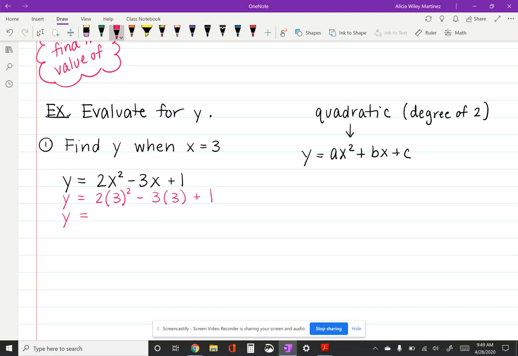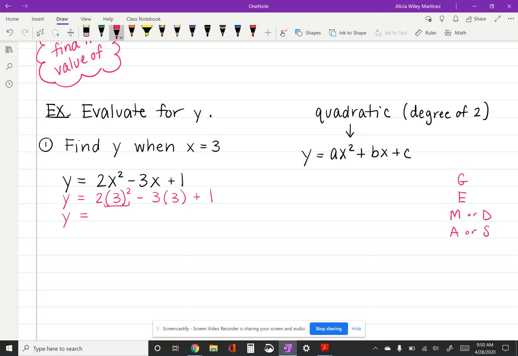All right, continuing on with the problem, now we're going to use order of operations. The order of operations tells you to do grouping symbols, exponents, multiply or divide, left to right, add or subtract, left to right. I don't have any grouping symbols, so I'm going to go with exponents, and that means I need to square this 3 first.